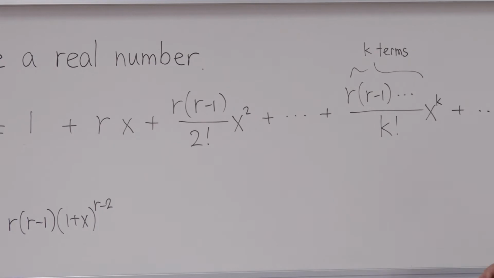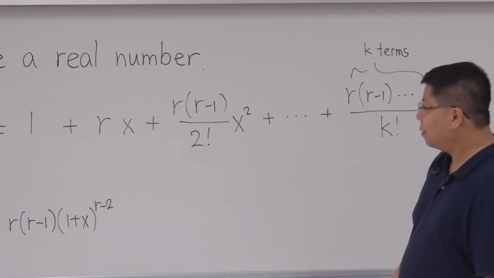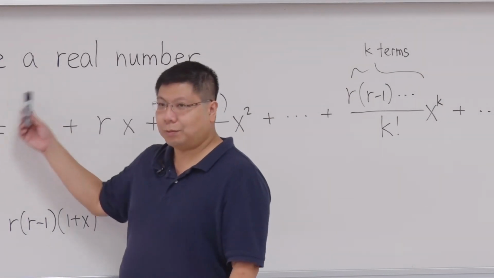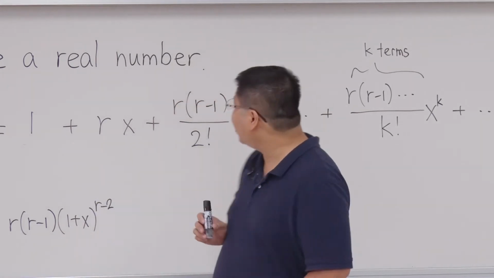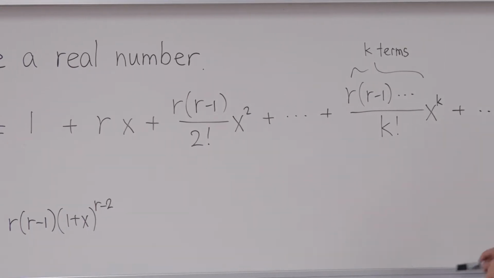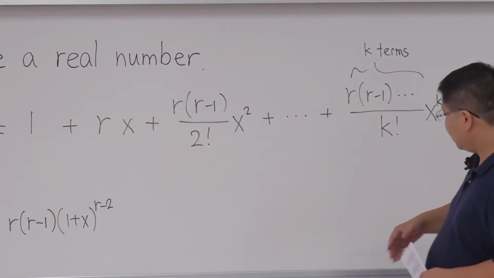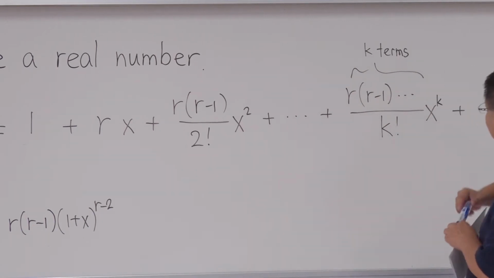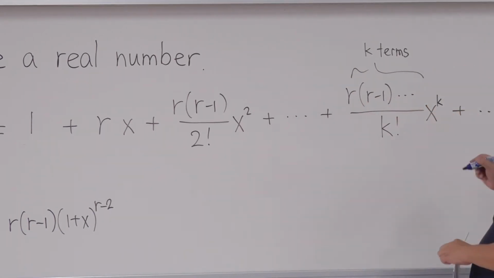So whenever this is a real number, then we can do this. Is that okay? And then this one, let me define a shorthand notation for this. You start with a term r, and then you have the next one r minus 1, and then you have the next term r minus 2, and so on and so forth.